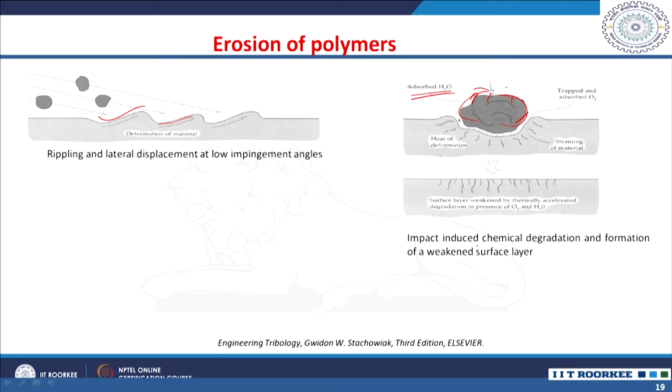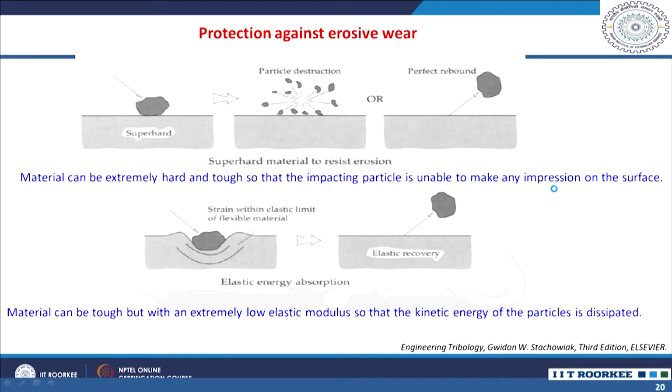Impact induced chemical degradation forms a weakened surface that leads to cracking, and the surface layer is weakened by thermally accelerated degradation in the presence of oxygen or water. So, erosion of polymers is generally lesser than of ceramics or metals.